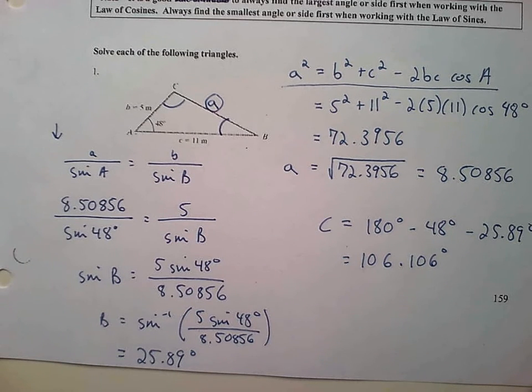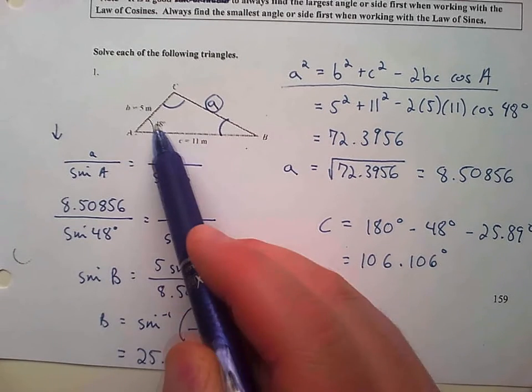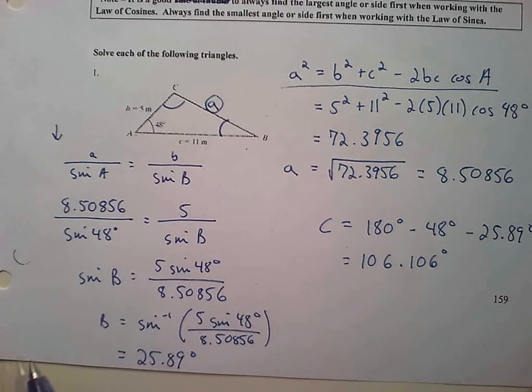So now we know all three sides and all three angles, so we've solved this triangle. And this was using side, angle, side, since we have here a side, an angle, and a side.